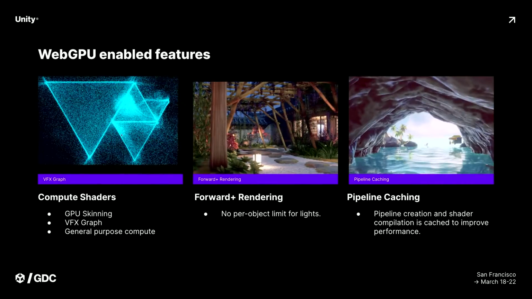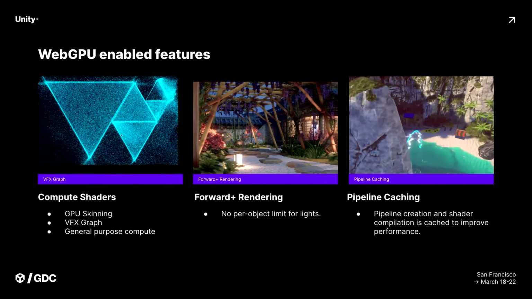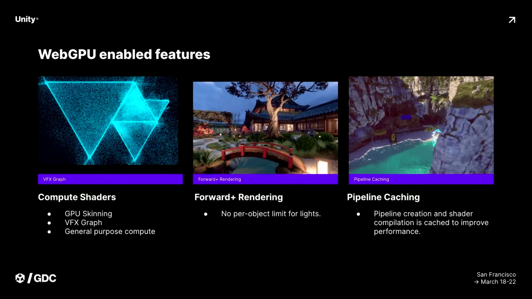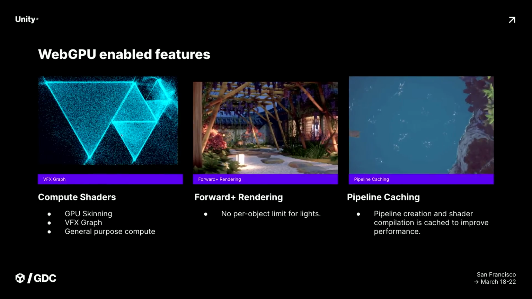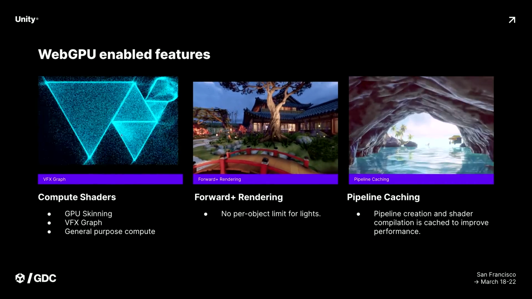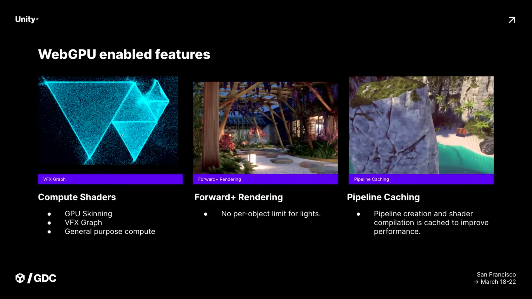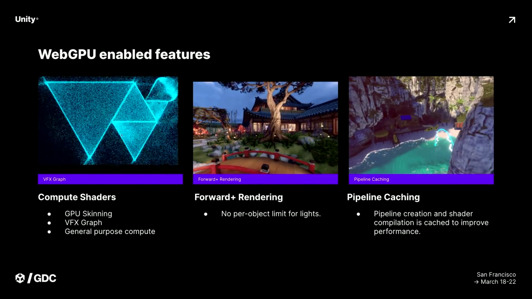There's other more advanced features in Unity, like forward plus rendering, which uses the GPU to do light clustering and all these kind of fun stuff. And you can have unlimited lights per shader fragment, whatever.